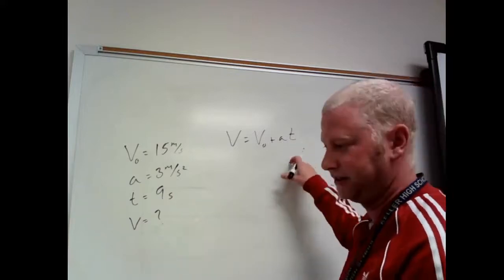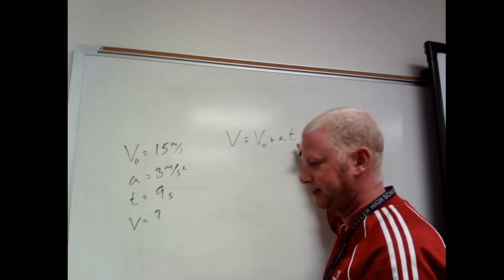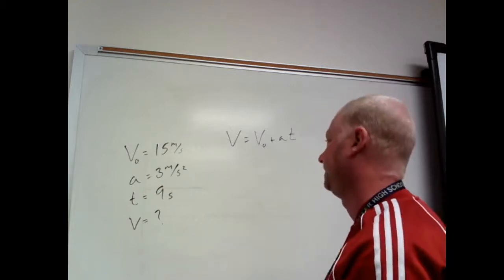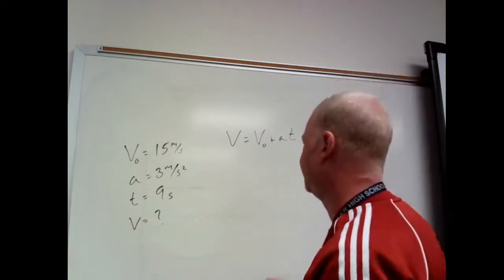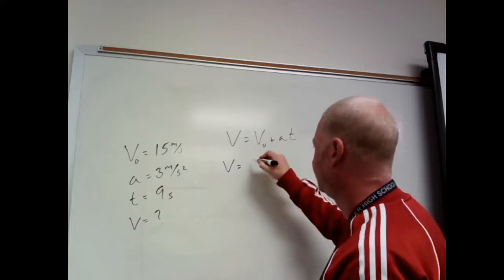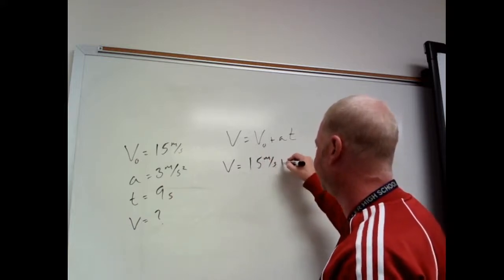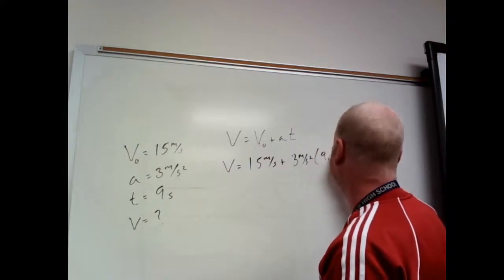And again, never plug in any of this into your equation until you've shown me the naked equation. Alright? So now we know what equation we're going to be using. Let's go ahead and substitute in our values. Final speed is still unknown. Initial speed is 15 meters per second, acceleration is 3 meters per second squared, and time is 9 seconds.